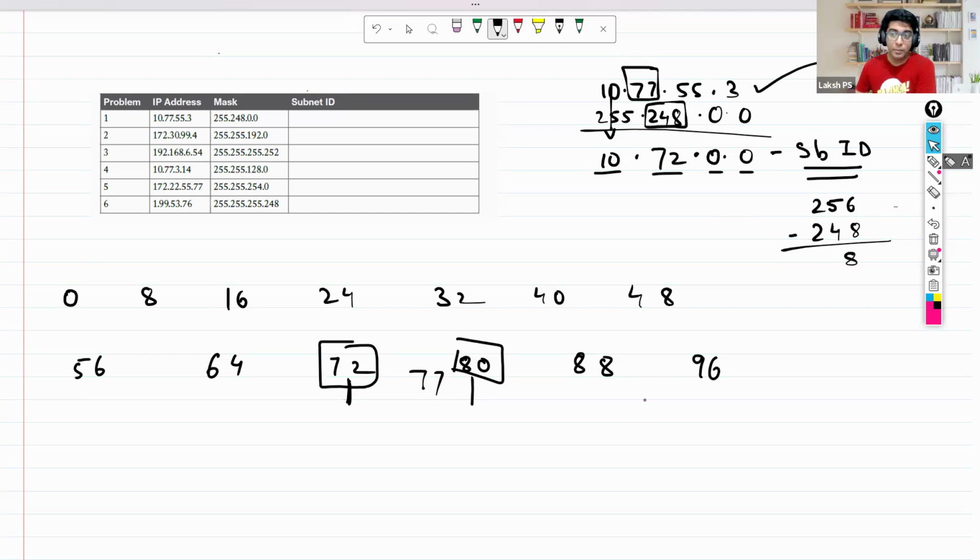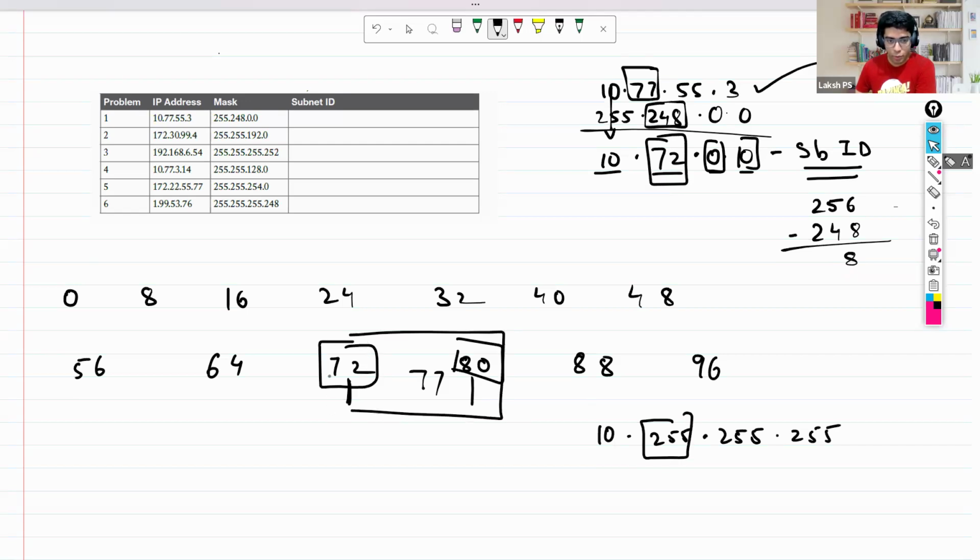Then the broadcast ID. We know that we'll follow the same rule: where there is 0, we will convert it into 255. So 10 dot, here 255.255. But again, what about this octet in the IP address? Can we write it as 255? No, because 255 does not belong to the multiples that we have written.